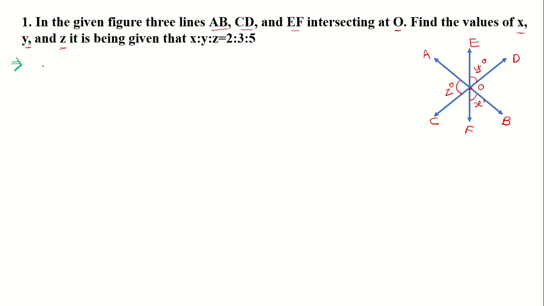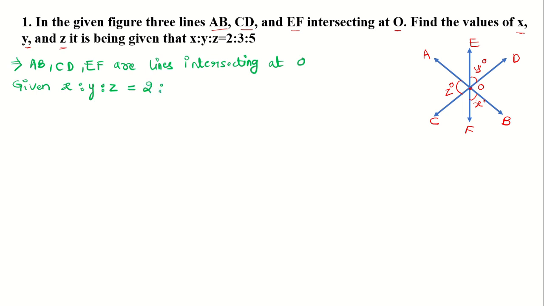First, write down what is given in the question. It is given that AB, CD and EF are lines intersecting at point O. It is clearly given in the question that these are the three lines intersecting at point O. Now, it is also given that x, y, z are in the ratio 2:3:5.